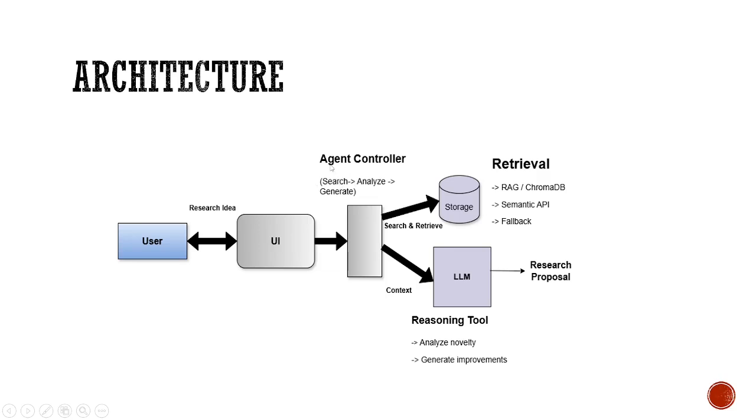Now the agent controller triggers the analyze and generate tasks. Here the LLM comes into the picture. The LLM acts as a reasoning tool. It uses the research idea and the content that has been fetched from the semantic API and the RAG, and it determines whether the idea that the user is proposing is existing or not. It generates a novelty report.